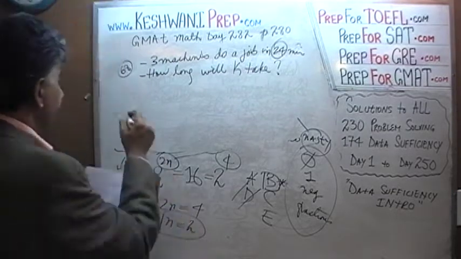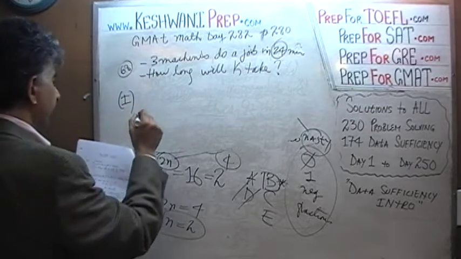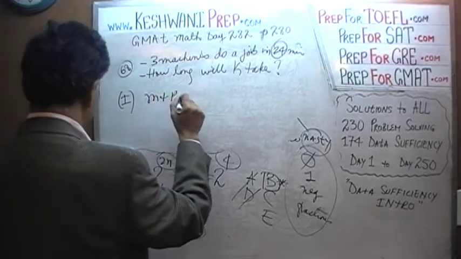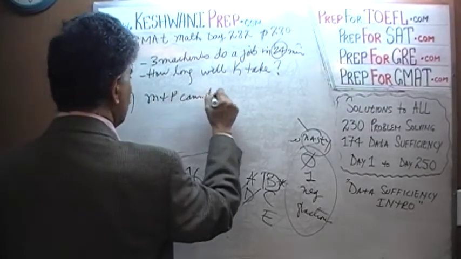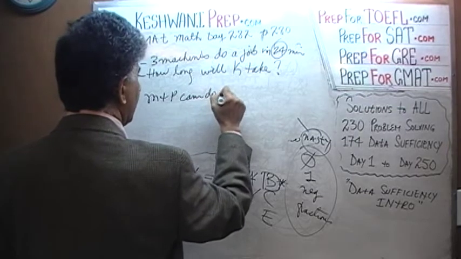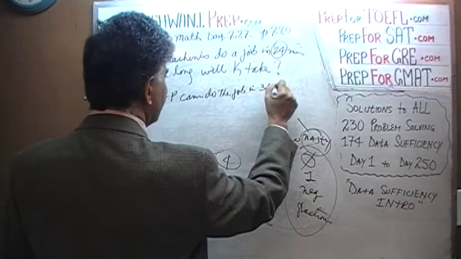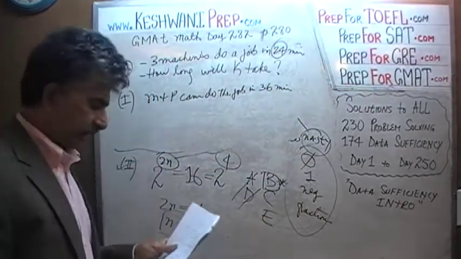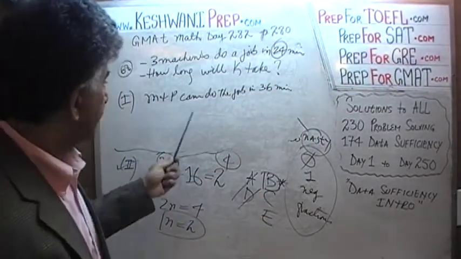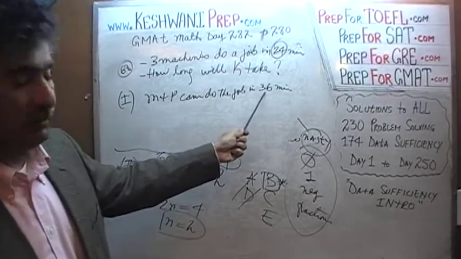Let's see what they tell us. In the first statement they tell us that M and P can do the job in 36 minutes. If M and P were working by themselves, they can do the job in 36 minutes.